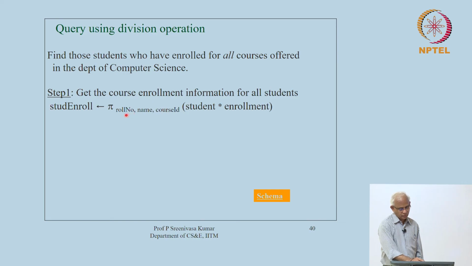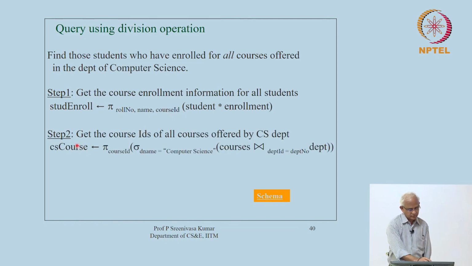But if you want the name details, then you will have to combine with student. Let us assume that. So, we are doing a natural join with student and enrollment and getting the student enrollment data: roll number, name and the course ID.